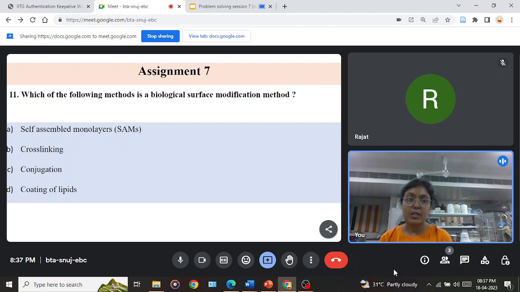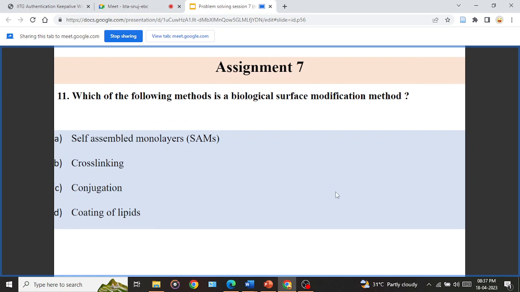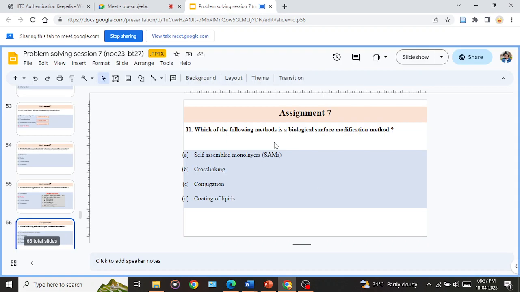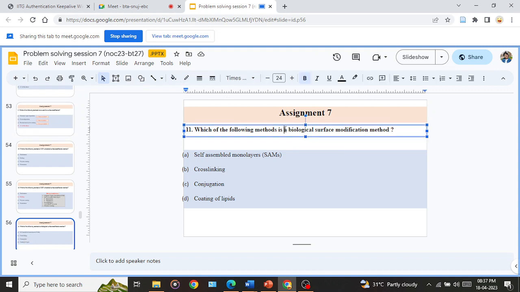Actually, this question should be: which of the following methods is not a biological surface modification method, right? So let me just change it. There is a mistake in this question.